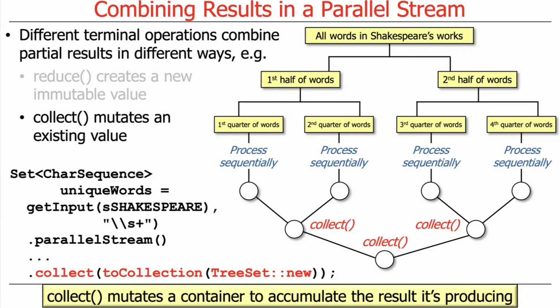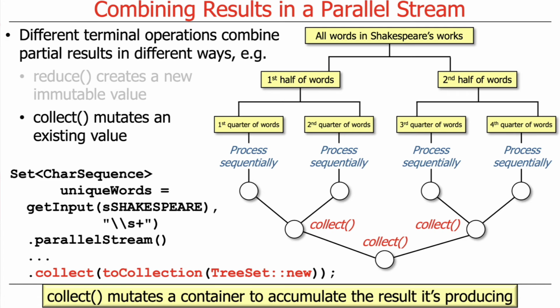And as this is taking place, as we back out of the recursion, as it were, we're going to end up collecting things together into many different tree sets for the subset results of all the words that are being accumulated.